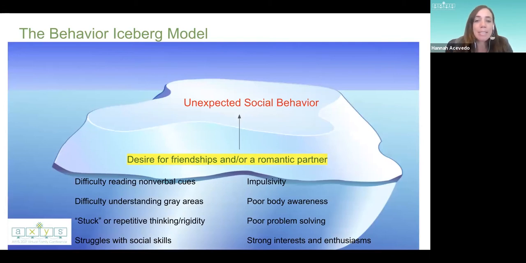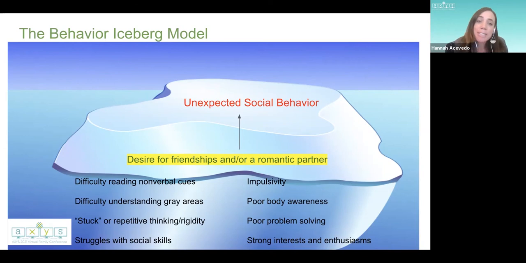any behavior, especially unexpected social behavior, as the tip of the iceberg. At the top of this iceberg, we see unexpected social behavior, something that might not quite fit what our society or culture says an individual should be engaging in. Where this usually comes from is a desire for friendships or a desire for a romantic partner, which is something that all teens and adults may have at some point.